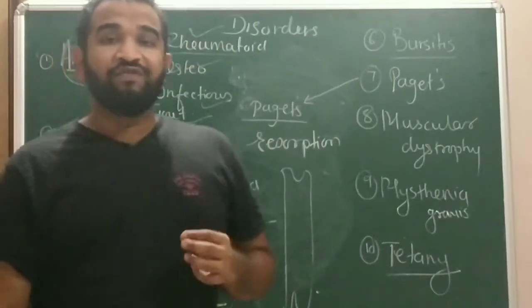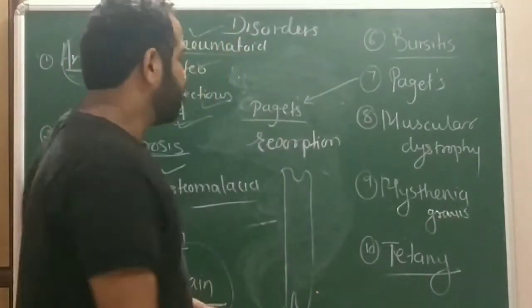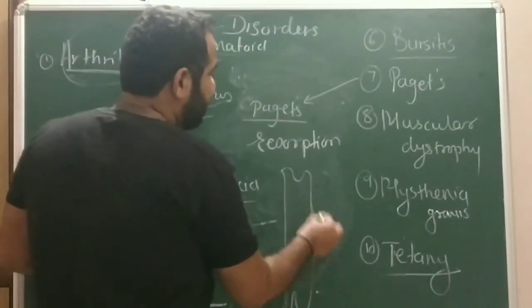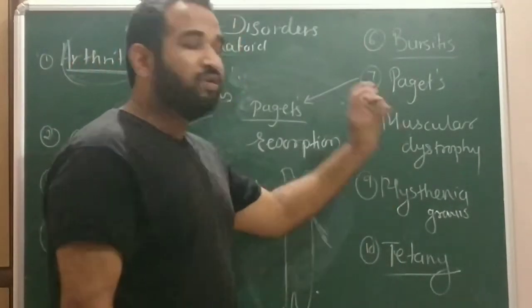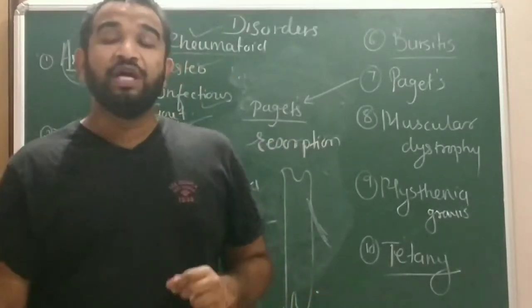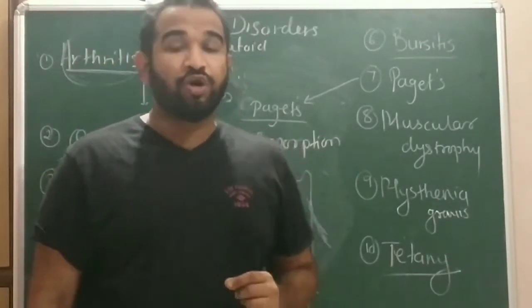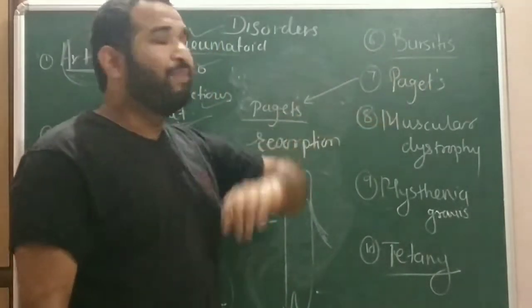When there is a low level of calcium and phosphorus in the body fluid or in the blood, these osteoclasts start attacking the bone cells, and the calcium and the phosphorus are reabsorbed from the bones. That process is called resorption, and this resorption is carried out by the osteoclast cells. So this is called Paget's disease.